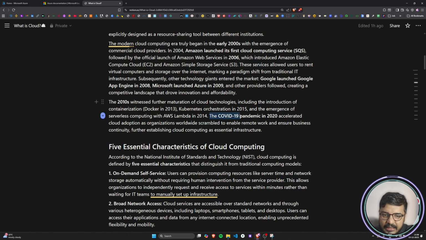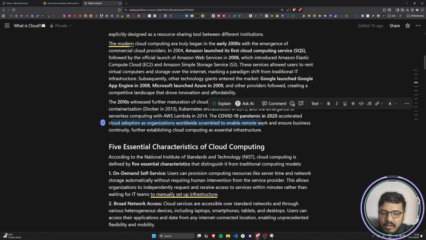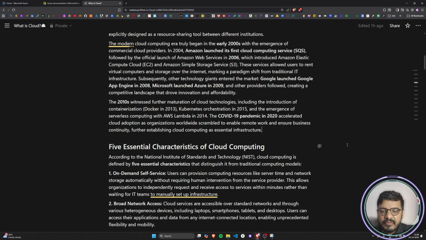Then the COVID-19 pandemic in 2020 accelerated cloud adoption as organizations worldwide scrambled to enable remote work and ensure business continuity, further establishing cloud computing as essential infrastructure, right? So when COVID-19 hit in 2020, everyone and every business and everything went online. Everyone wanted to be safe at home and do a remote kind of job.